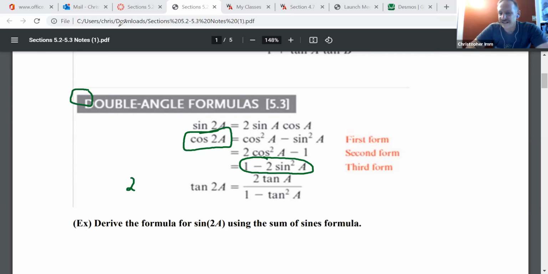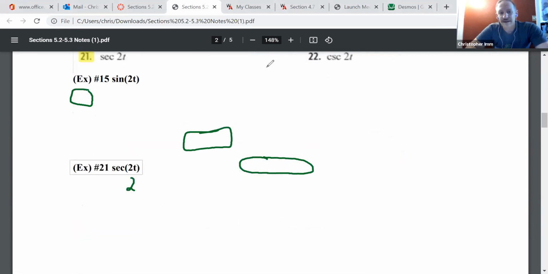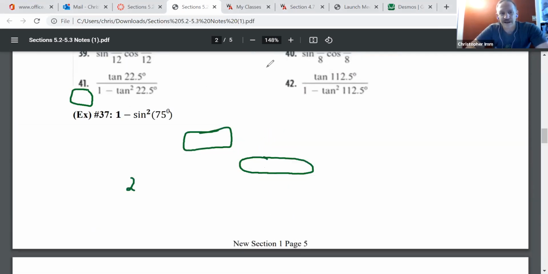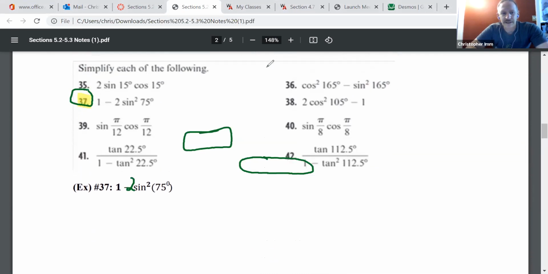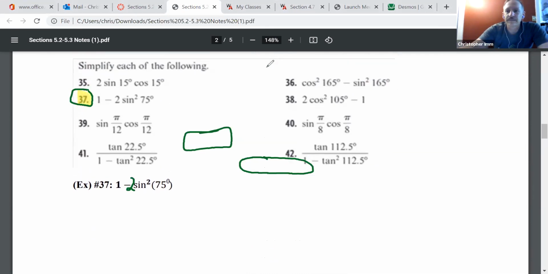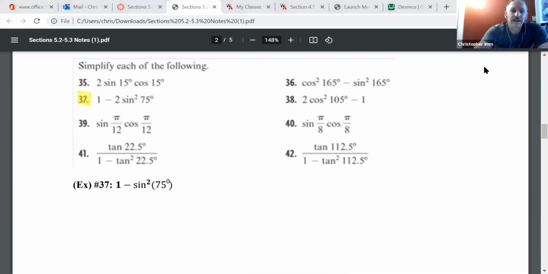I don't really know what to do with the 75 degrees, but maybe I can turn it into a double angle, and I know more about that angle. So this is equal to cosine of 2 times that angle A. And the angle A is 75 degrees.